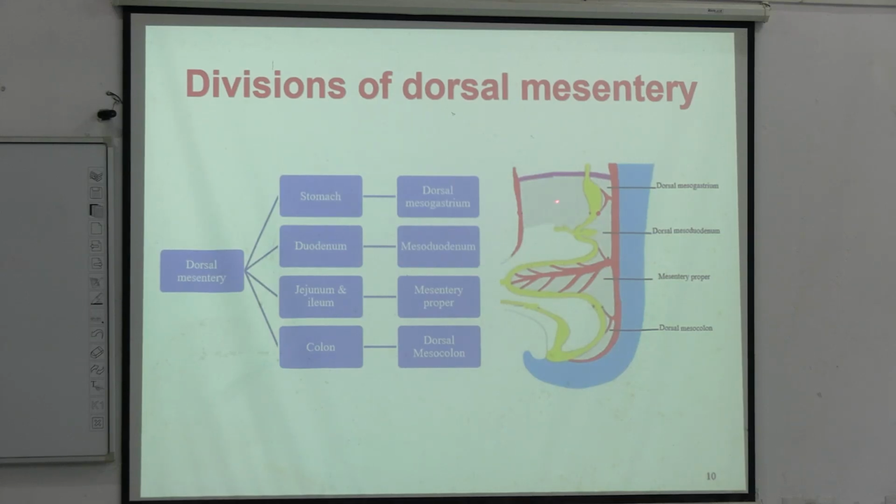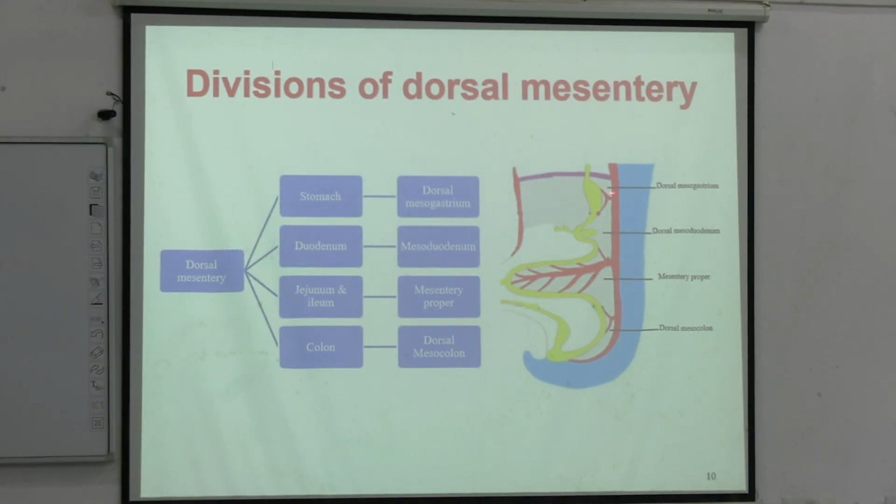The gray shadows in front of and behind this tube we call mesentery. This part we call the ventral mesentery, which is attached to the anterior body wall. The mesentery on the back side we call the dorsal mesentery.